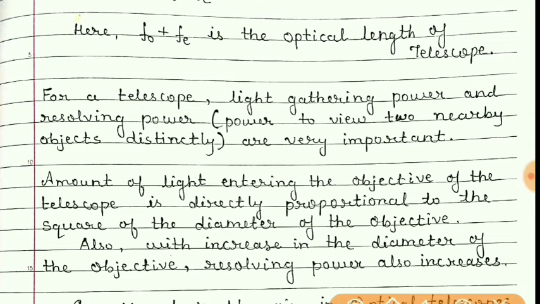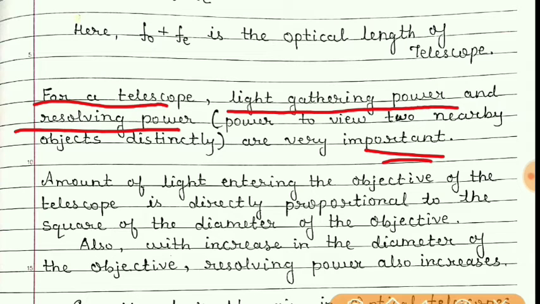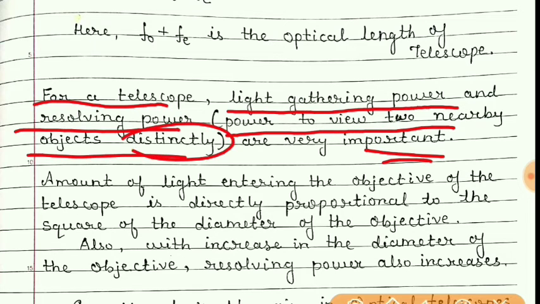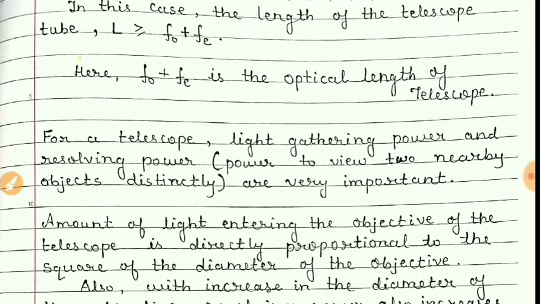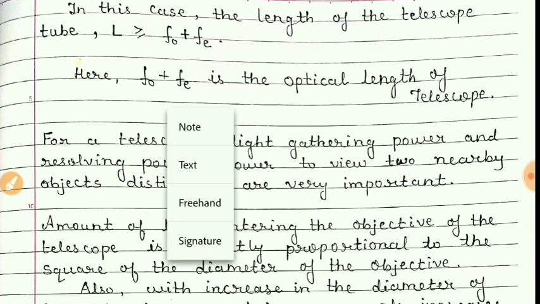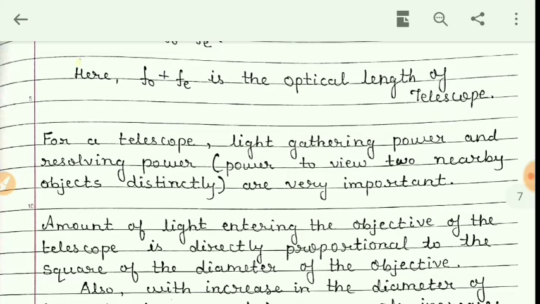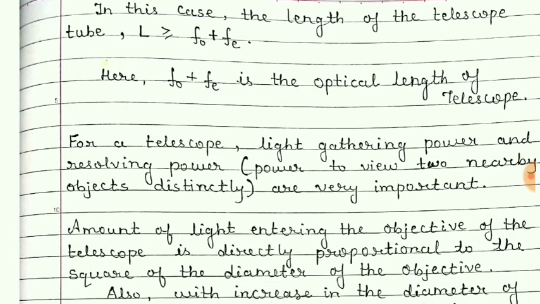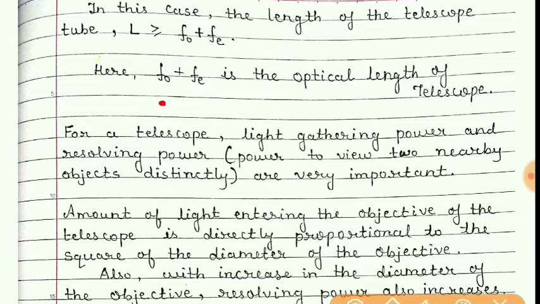Now students, for a telescope, light gathering power and resolving power are very important. Resolving power means the power to view two nearby objects distinctly. We know that when we observe two stars that are quite close to each other by naked eye, they appear to coincide.